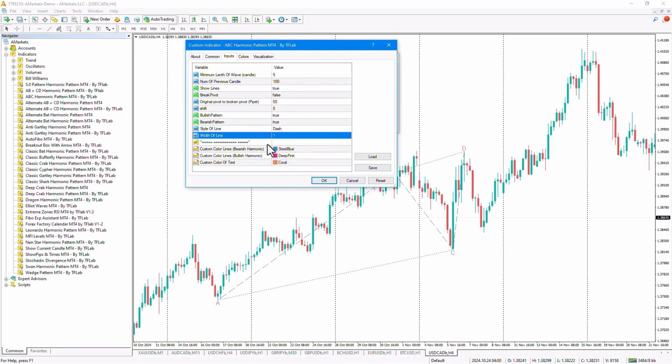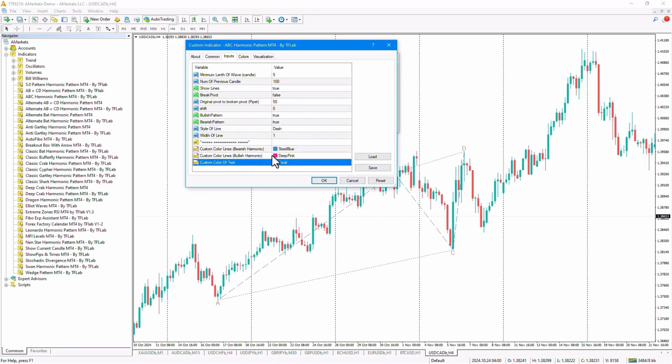In the next section, we can adjust the thickness of the lines used to draw the harmonic pattern. If we set this value higher than 1, the indicator will automatically display the harmonic pattern lines as solid. Only when the value is set to 1 will the other style options be available and shown to us.